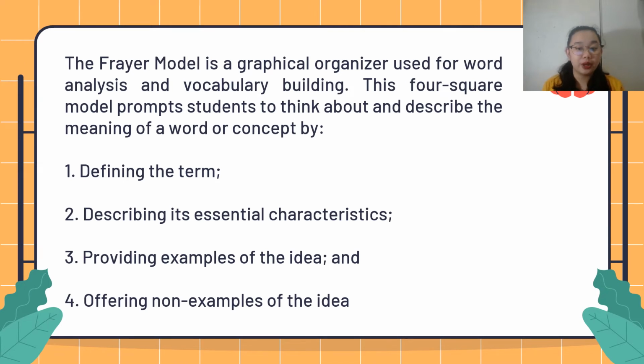This 4-square model prompts the students to think about and describe the meaning of a word or concept by defining the term, describing its essential characteristics, providing examples of the idea, and offering non-examples of the idea.